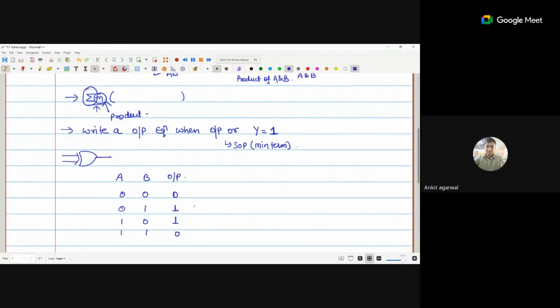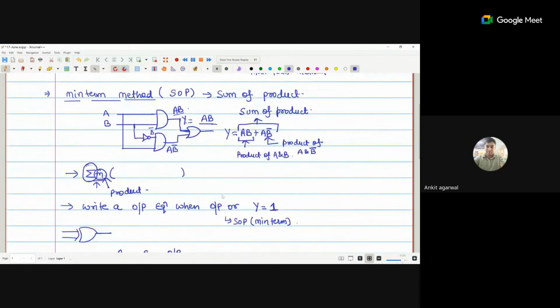So the SOP term or min term is defined only for these two. Clear? Why only these terms? Because the output is 1. So this is the second thing about the min term.